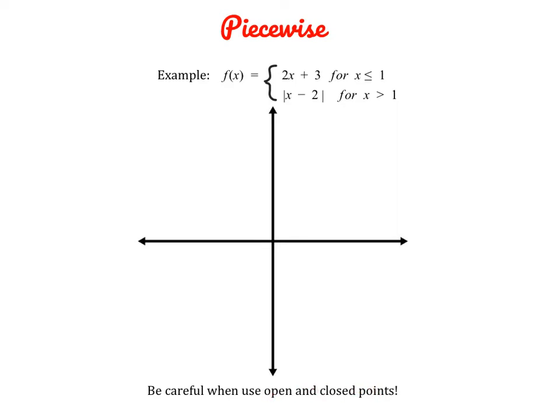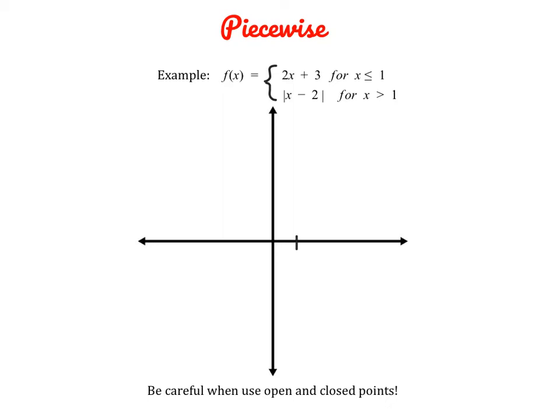In this example, we have a graph represented by a linear function for everything 1 and to the left, and by an absolute value function for everything to the right of 1. So when we're at x equals 1, there should be a closed point for the linear function and an open point for the absolute value function.